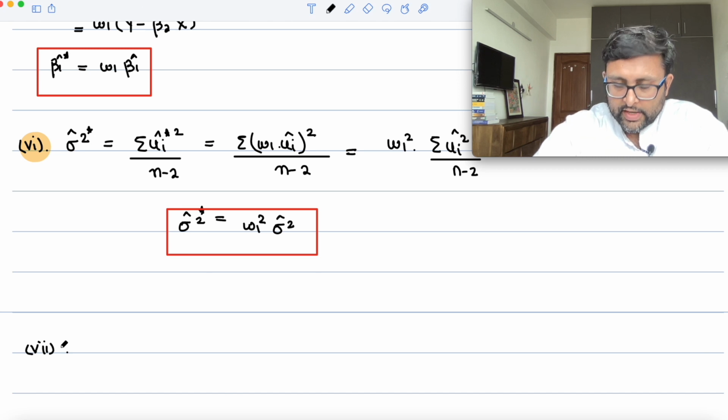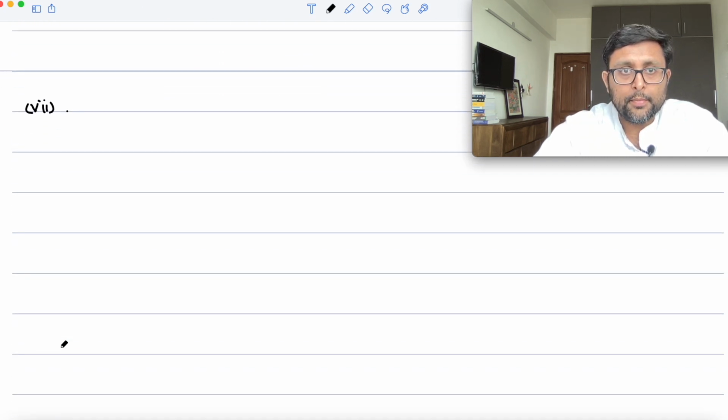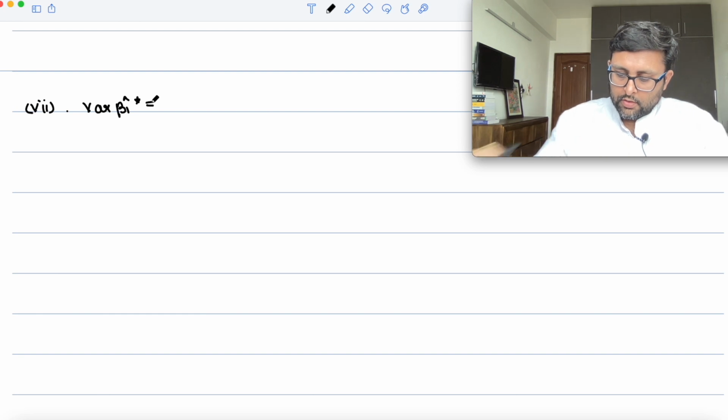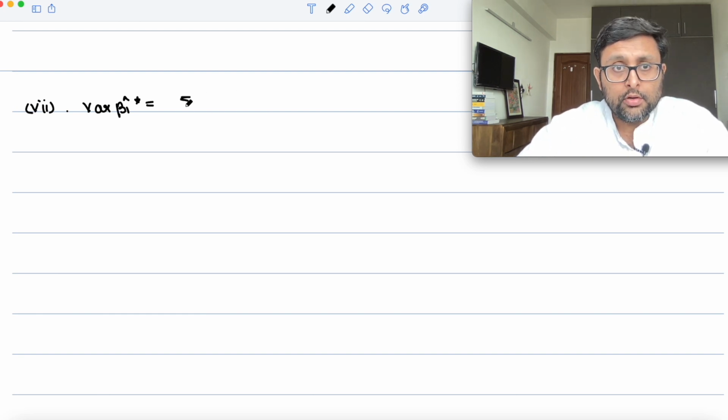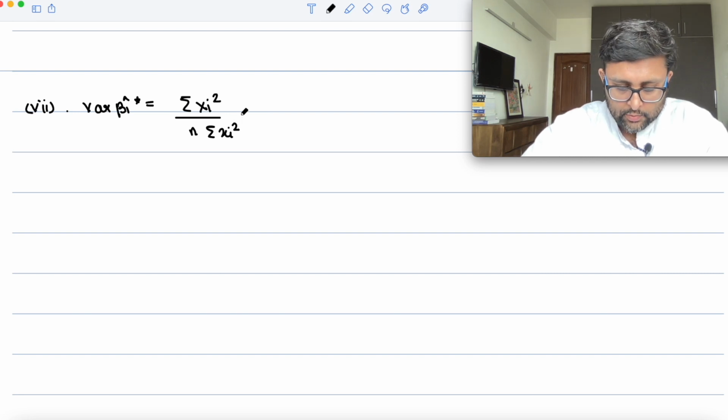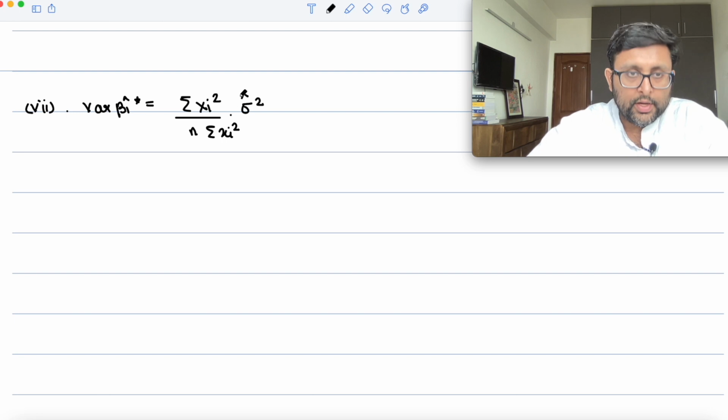What about this variance of beta 1 hat star? Which is summation capital Xi square upon n summation small xi square into sigma square hat star. So it is what?